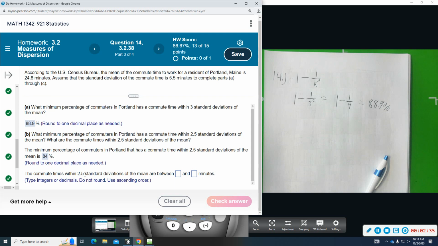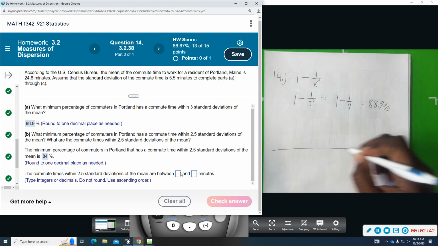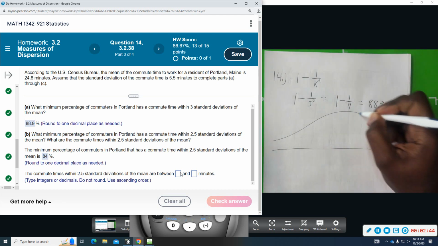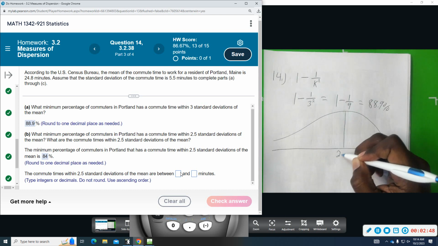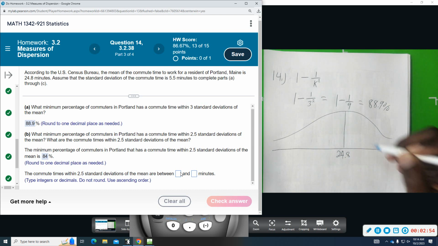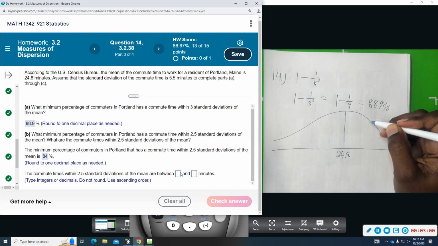The commute times within 2.5 standard deviations are between... So what we're going to be doing is, if we were doing a bell curve, mean in the middle, 24.8, and then I would add and subtract.